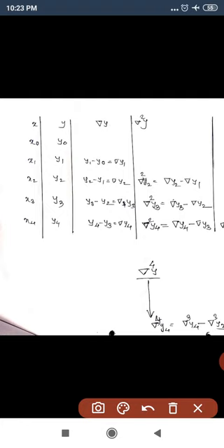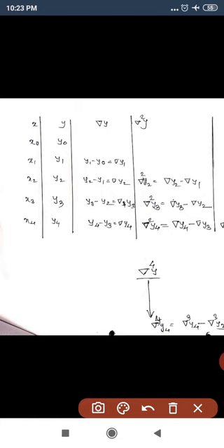This is the first backward difference table. Del square of y. Second backward difference is this value minus this value. Then this value minus this value. This value minus this, we get this table. So del square of y2 is equal to del of y2 minus del of y1.